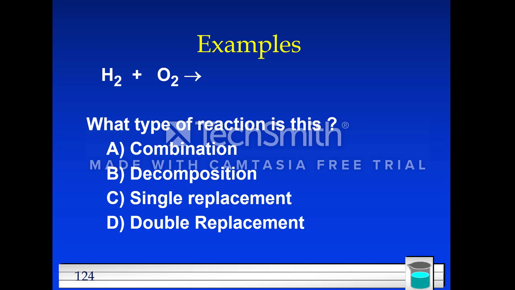Well, is hydrogen an element or a compound? Element. Is oxygen an element or a compound? Element, so it's got to be a combination. The reason why you want to say that is combination is what's going to happen. They're going to combine. So I do what the name says. I combine them. Put H next to O.